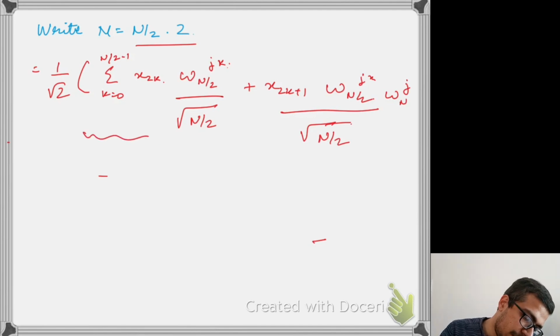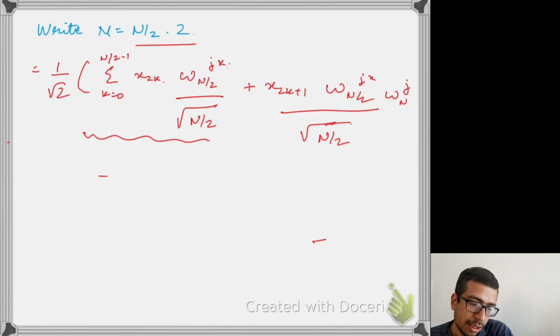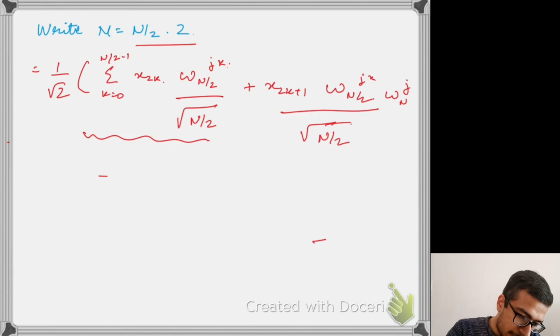Now this is essentially nothing but the jth term of the Fourier transform, provided we are looking at the Fourier transform of even terms, right? So okay, let's write that formally.